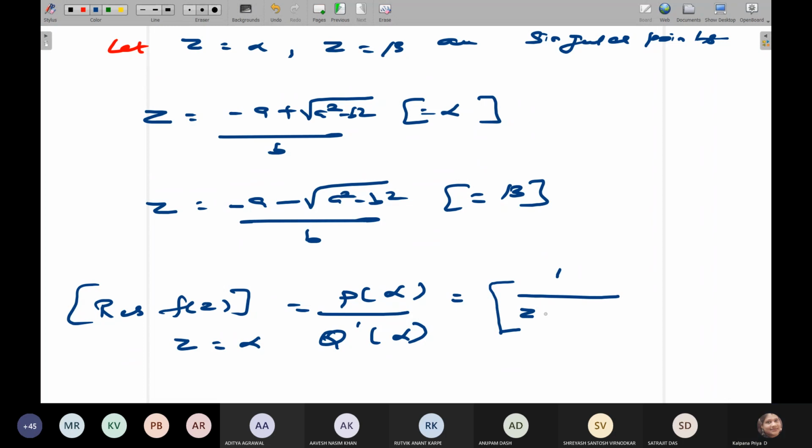Now we are differentiating this, using this formula. So this is my P of z and this is my Q of z as per the given function. This is the formula I'm going to use, so no need to disturb anything first.